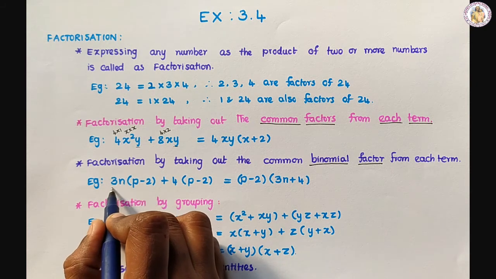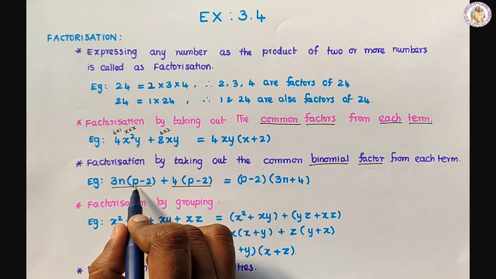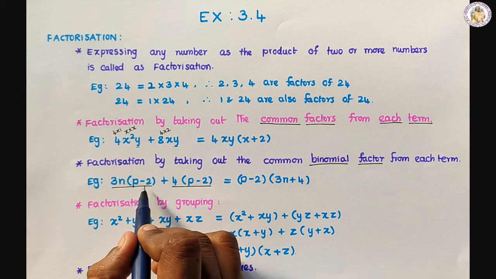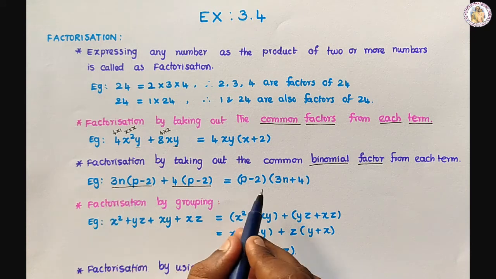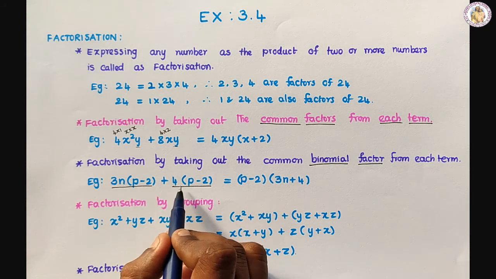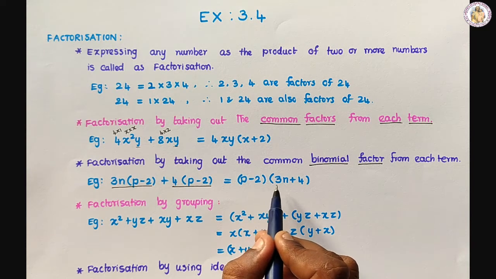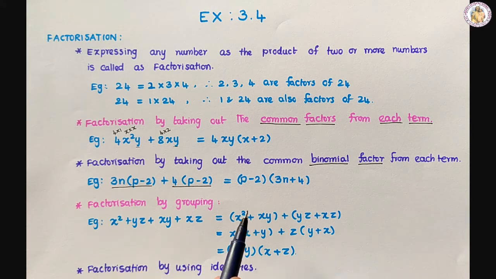In this expression, both the terms have p minus 2, so take out p minus 2. What's the balance here? 3n plus 4. So p minus 2 into 3n plus 4. That is the binomial factors.